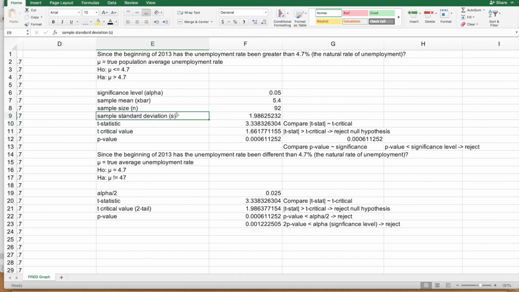Now, why do I usually do these? Because guess what happens to be the vast majority of the cases in the real world? We go collect data, we estimate a sample standard deviation. So although in this class it's only one of the cases, that one case ends up being the most common case in the real world.